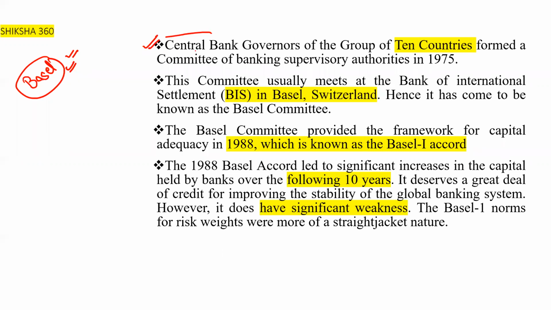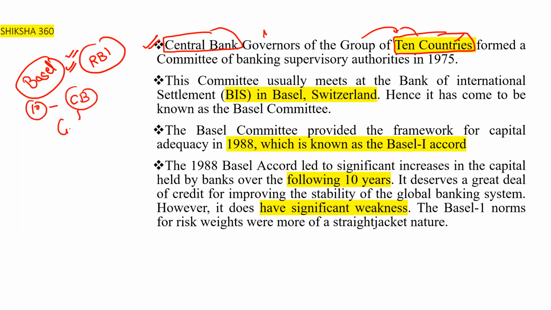Like in India we have the RBI, similarly initially there is a group of 10 countries, each with a central bank, and the central bank governors of those 10 countries formed a committee of banking supervisory authorities in 1975.